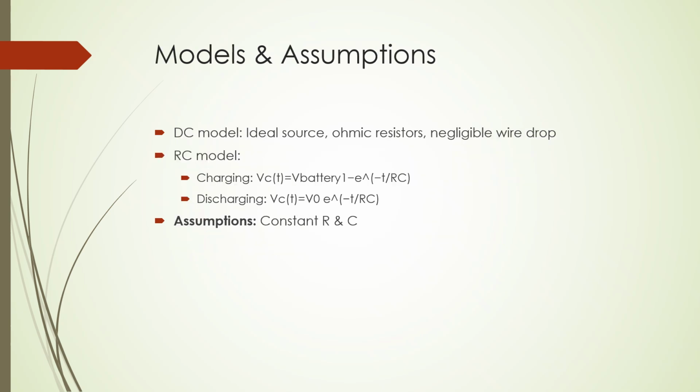Models and assumptions. So for our DC model: first, ideal source, which is battery, ohmic resistors, and negligible wire drop. And for the RC model, where we're using the capacitor, the charging is V_C(t) equals V battery times (1 minus e to the minus t over RC).